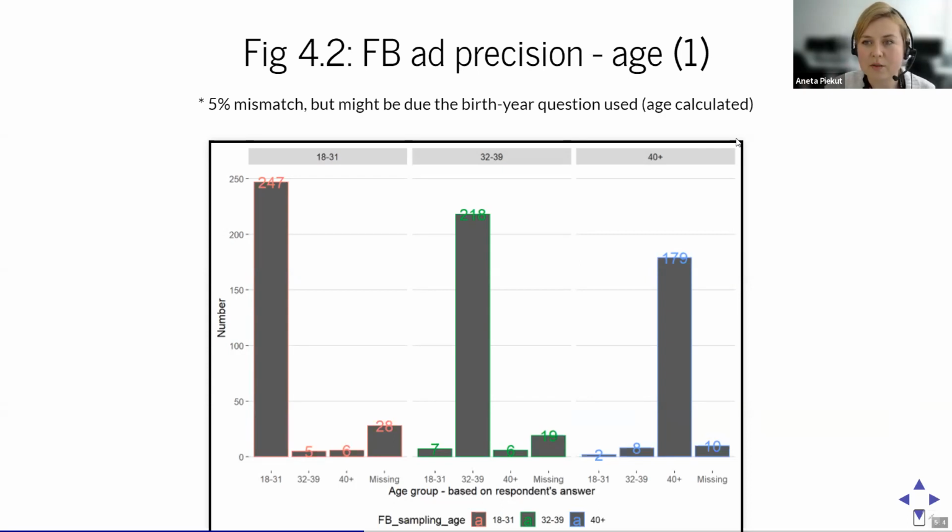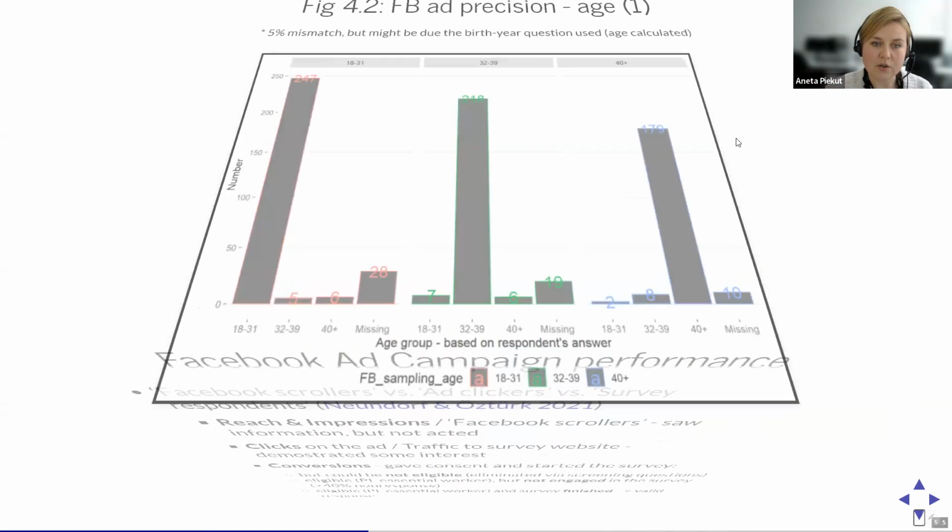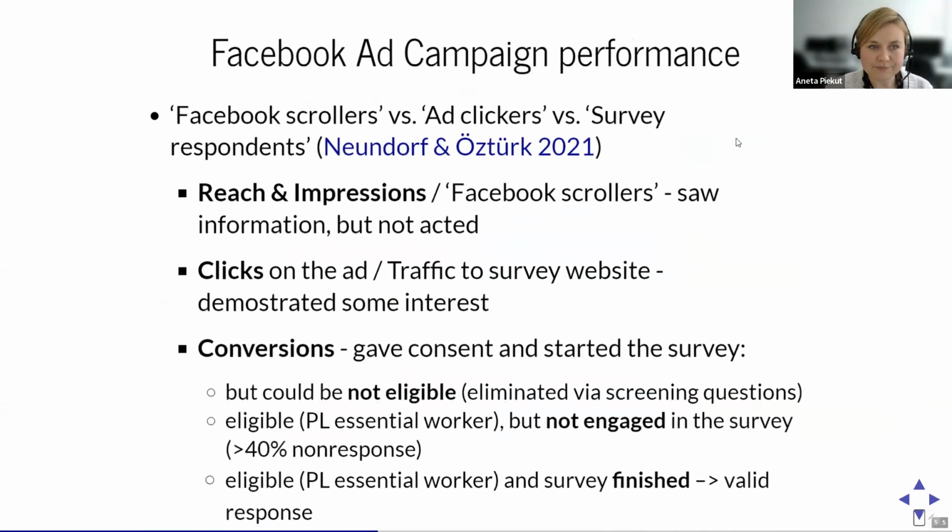But then when calculating, subtracting 1981 from 2021, my calculation would tell me that this was a 40 year old respondent. So I think this calculation is a bit lower if we ignore the neighboring categories. But overall, I think it's a pretty good match in precision on the region and age of this campaign.